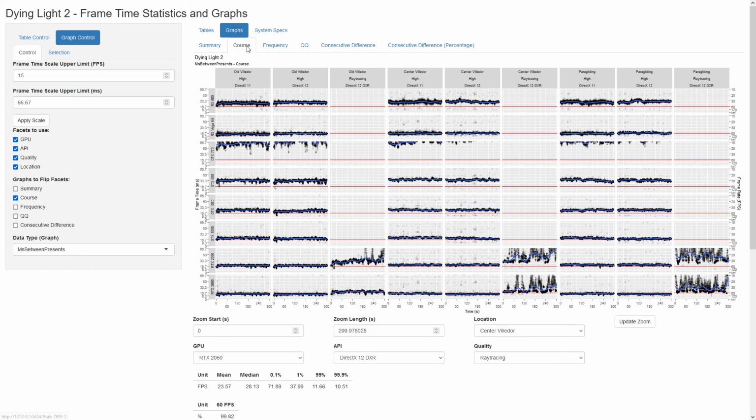So we've got 6 times 8, 48. Okay, no, 6 games, 8 GPUs. I was getting ahead of myself a bit there.